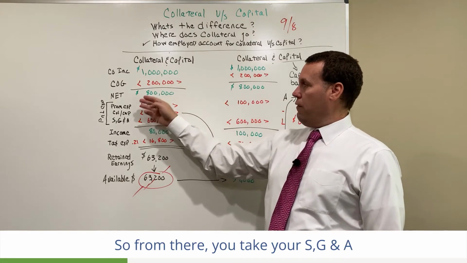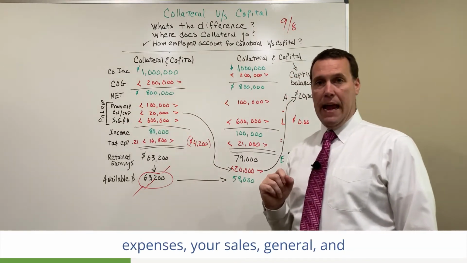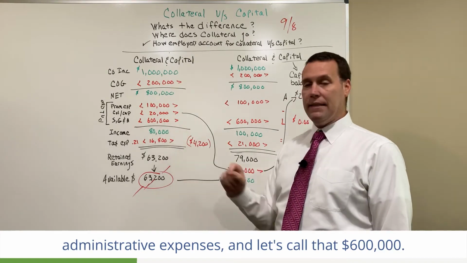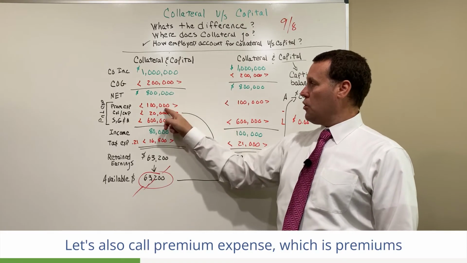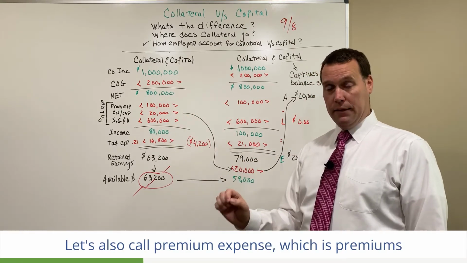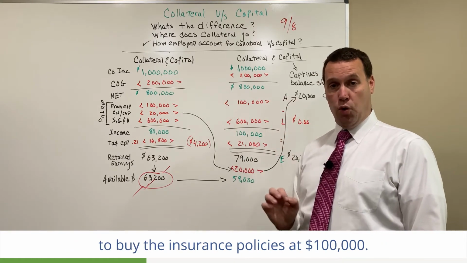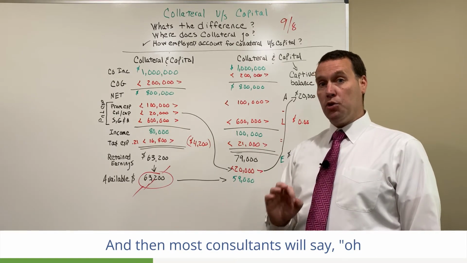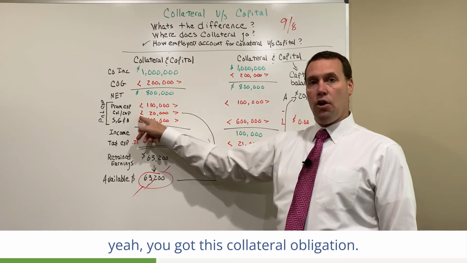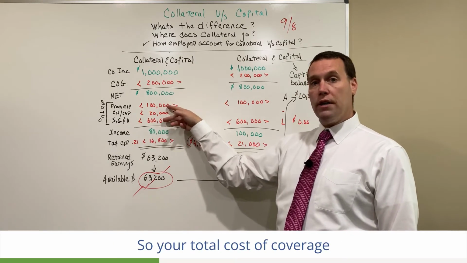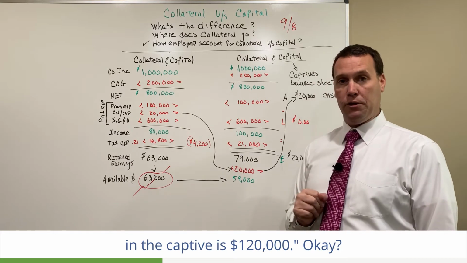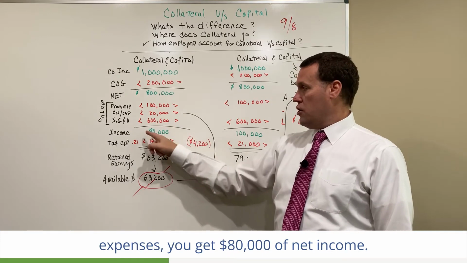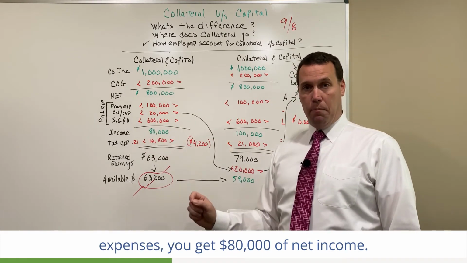From there, you take your SG&A expenses, your sales, general, and administrative expenses, and let's call that $600,000. Let's also call premium expense, which is premiums to buy the insurance policies, at $100,000. And then most consultants will say, oh yeah, you've got this collateral obligation, so your total cost of coverage in the captive is $120,000, okay? If you back out all of these expenses, you get $80,000 of net income.